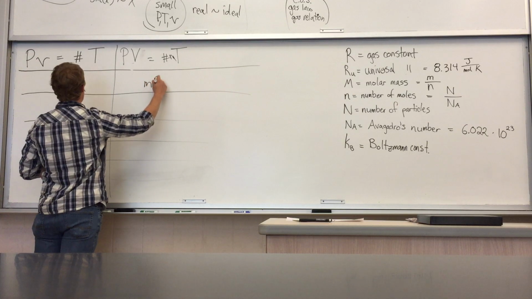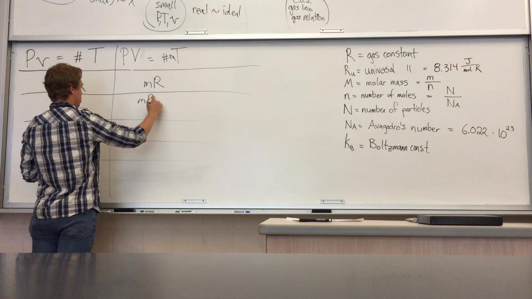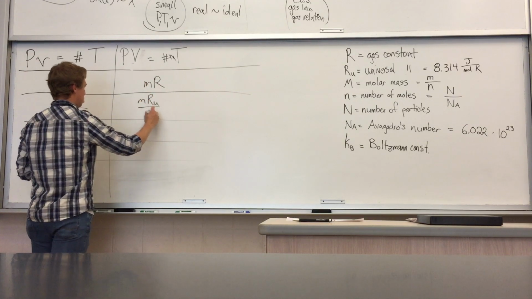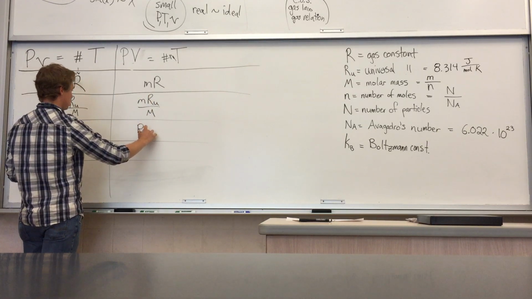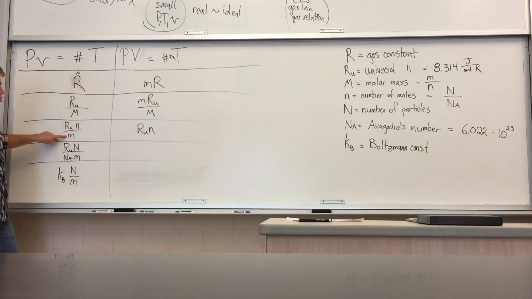So I can do the mass times R, the mass times the universal gas constant over the molar mass. You'll notice when we get to this one, the mass was already in the bottom, so if I multiply it up, that just cancels it.